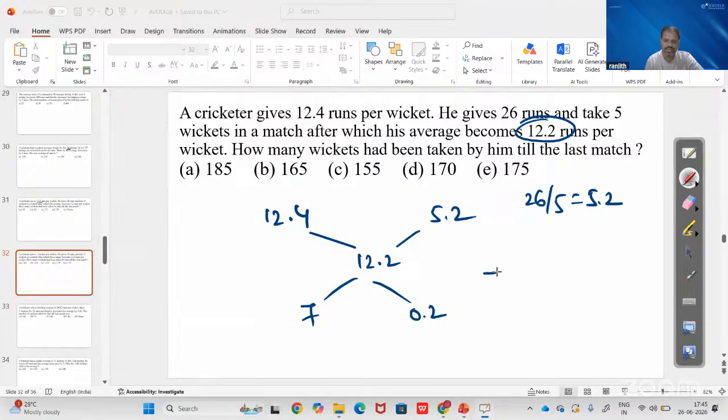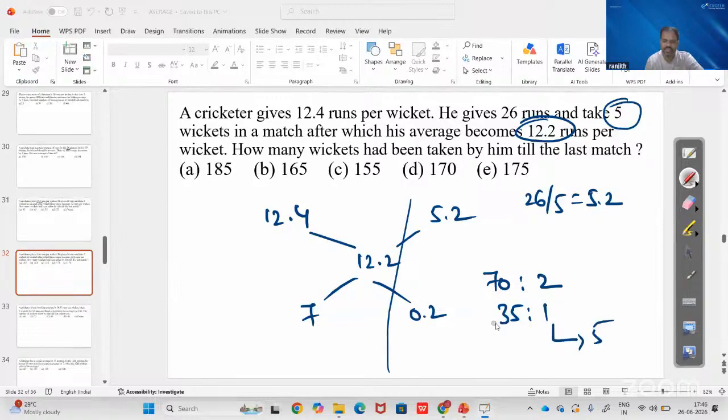So this can be written as 70 and 2. 35 is to 1. So how many wickets are taken for this one? 5 wickets. Where 1 part equal to 5, 35 parts equal to 35 into 5 equal to 175. So the answer will be 175 wickets.